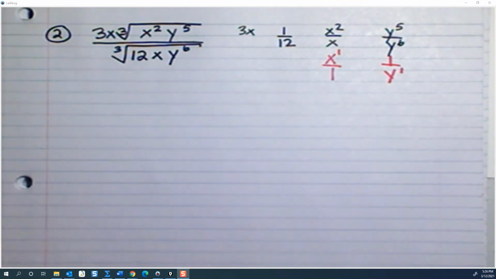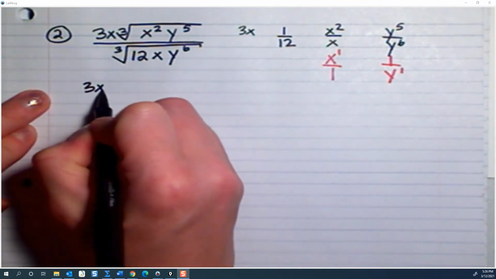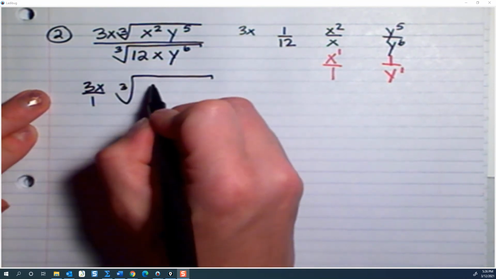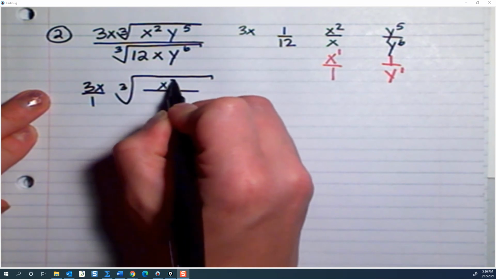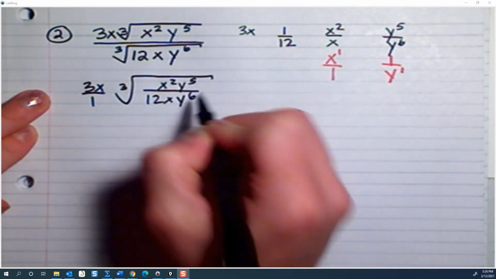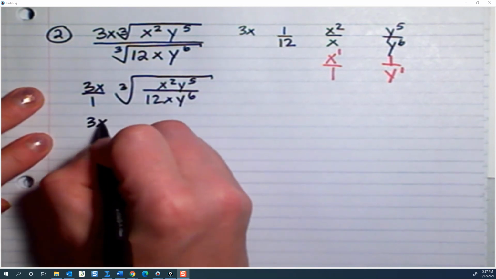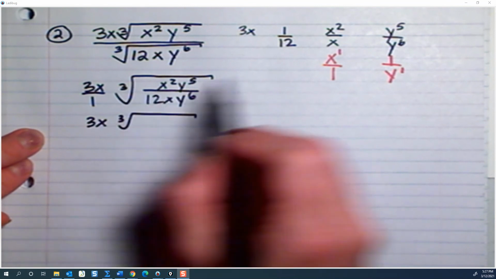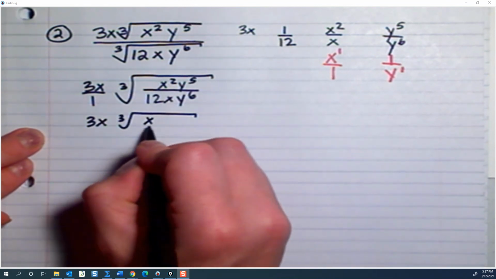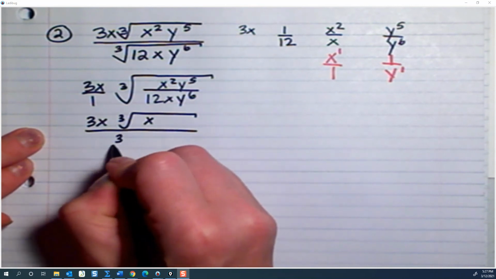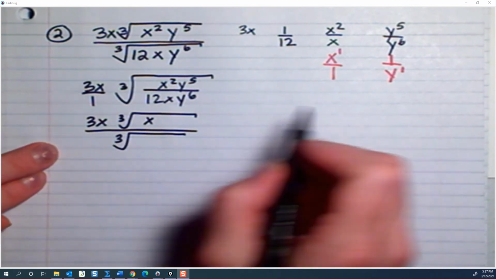Okay, right? Remember that when you have the same root, you can put the two pieces together and simplify. So I've got a 3x cube root of, okay, x, right, fraction bar, cube root of 12y.